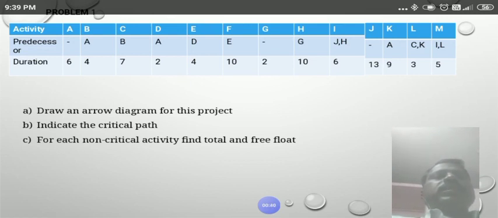Activities A, B, C, D up to M. Predecessor activities: A, B, A, D, E and so on.